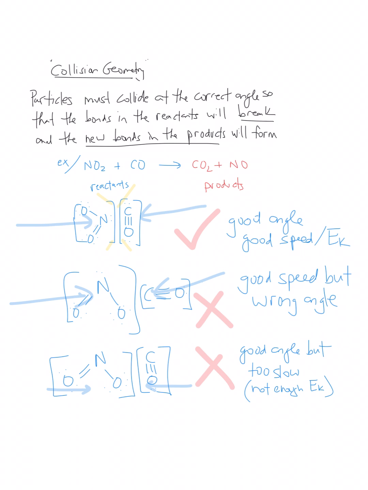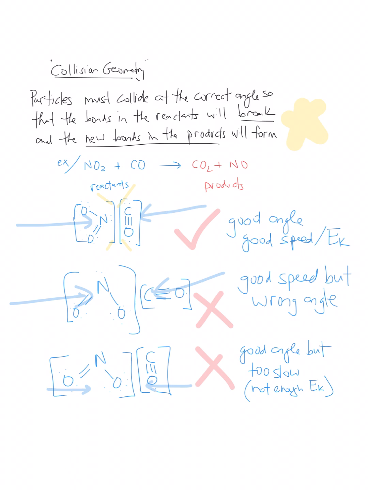So particles have to collide at the correct angle so that the bonds in the reactants will break and the new bonds in the products will form. Hopefully this is something that you realize has to happen in every chemical reaction. And if you didn't, well, you're hearing it now. In every chemical reaction, the bonds of the reactants need to break apart and the bonds of the products need to form. So if they don't hit at the right angle, it's not going to happen.